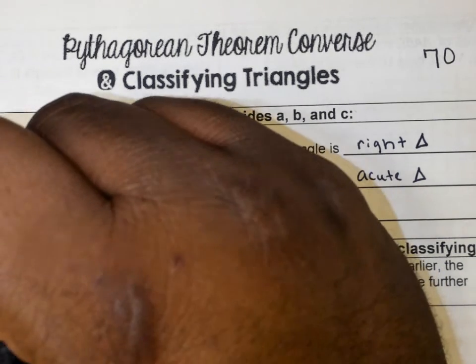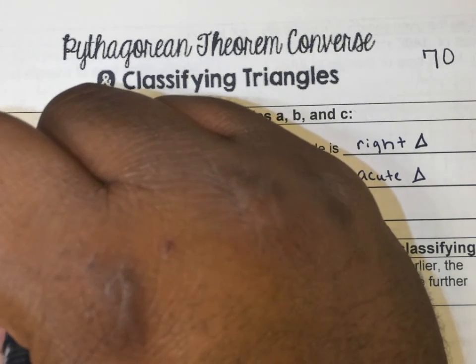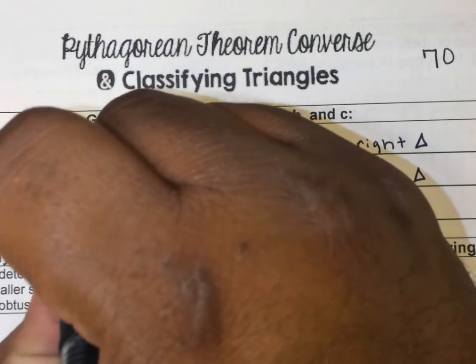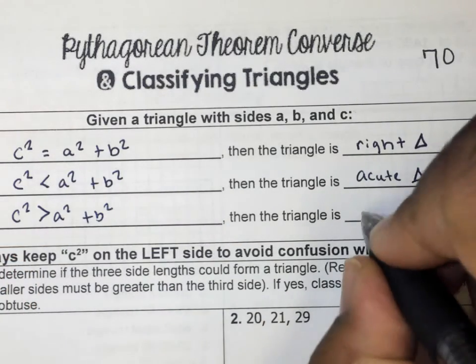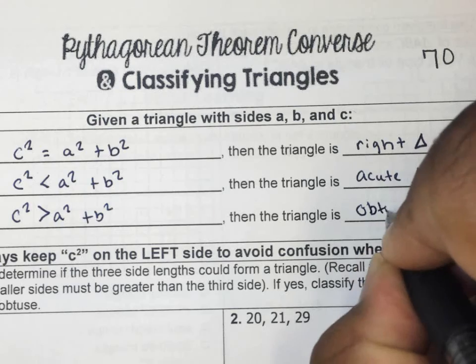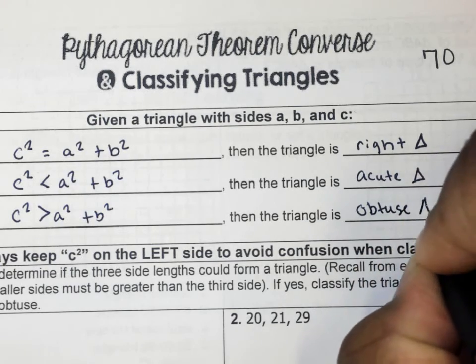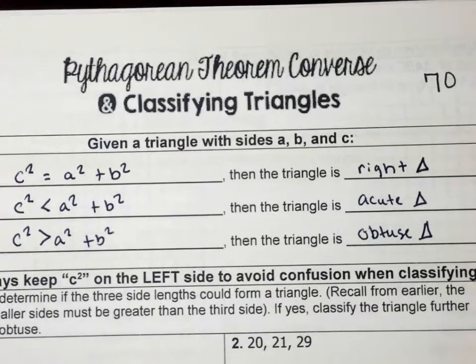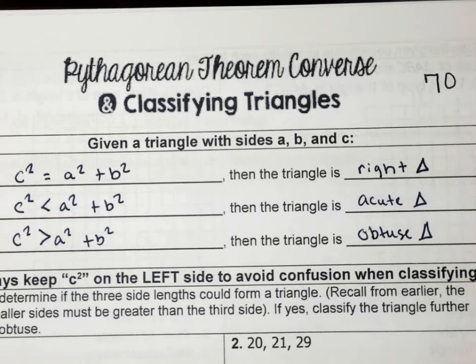If your c squared is greater than a squared plus b squared, then your triangle is going to be obtuse. That's how you figure out if it's acute, right, or obtuse, based on how it satisfies the Pythagorean theorem.